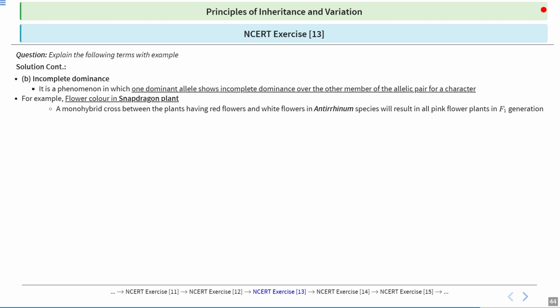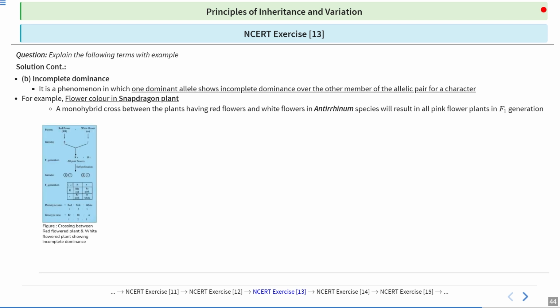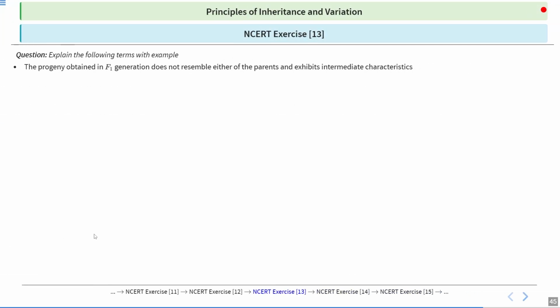You should actually get red flowers because red color is dominant over white color, but you are getting pink flowers. So this is due to incomplete dominance. Here you can see this is the cross between a red flower plant and a white flower plant showing incomplete dominance. So let's have a look at this image.